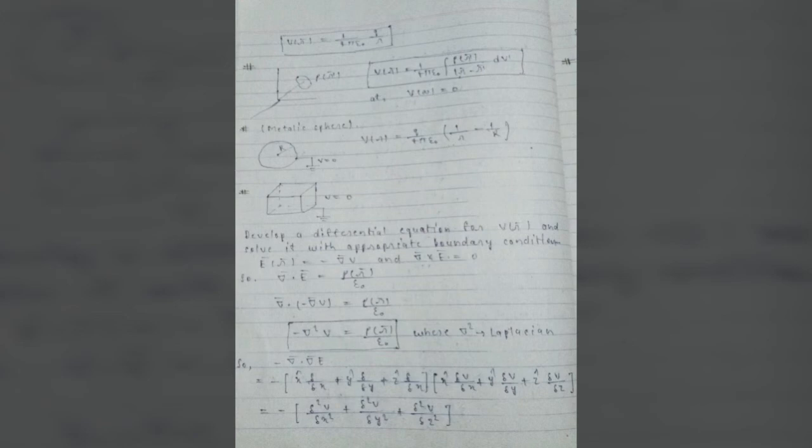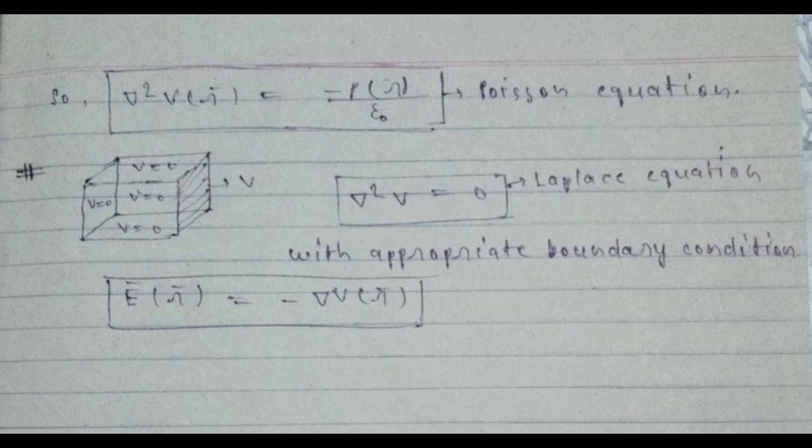This is known as the Laplacian of V. So this del square term is the Laplacian, and therefore the differential equation for V we get is del square of V(r) is equal to minus rho(r) over epsilon 0. This is known as the Poisson equation.